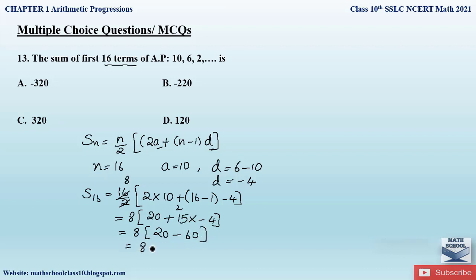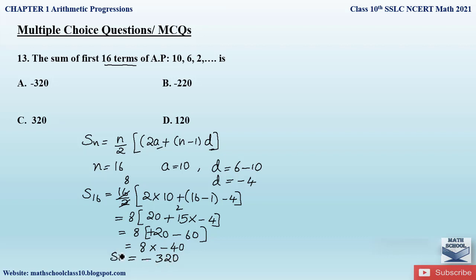Right? So this will be 8 into, here we have a plus 20 and minus 60, so we will subtract and take the greater number's sign. So 60 minus 20 is 40, so this will be minus 40. Plus into minus is minus, 4 eights are 32, so the answer is minus 320.